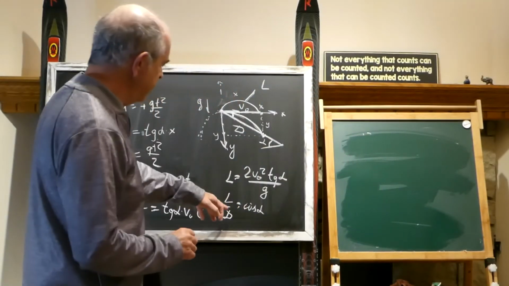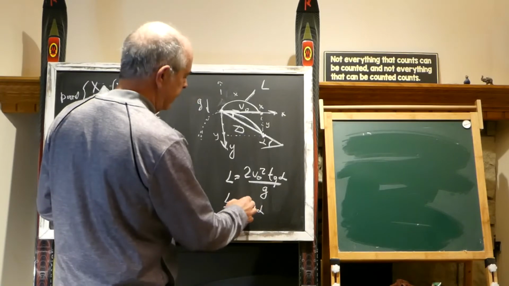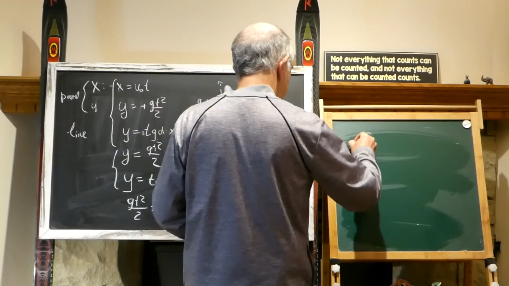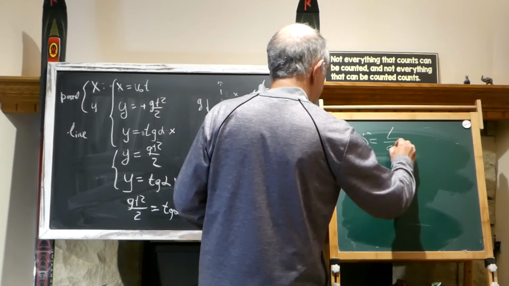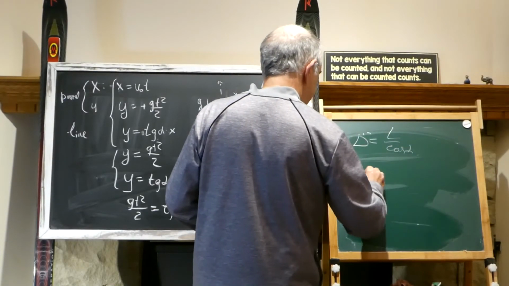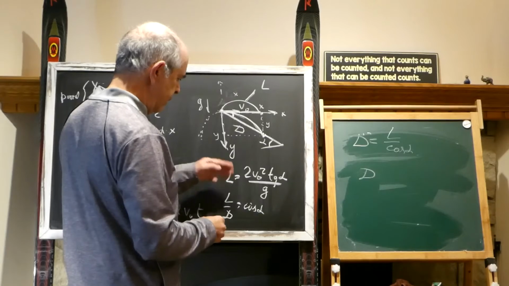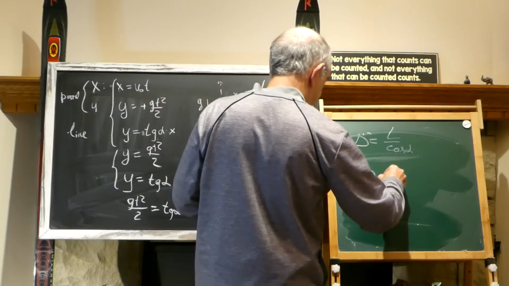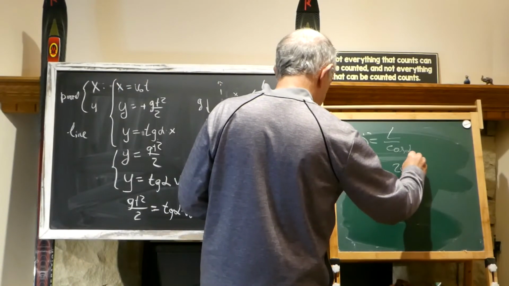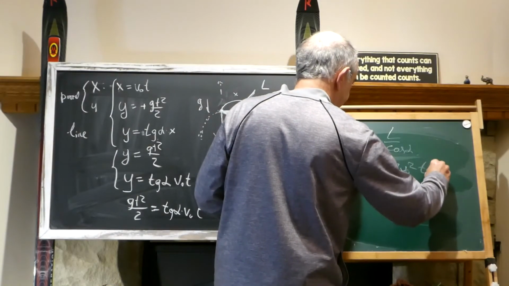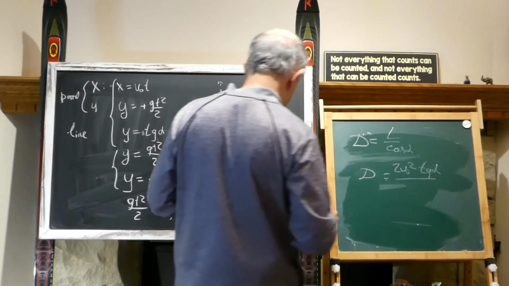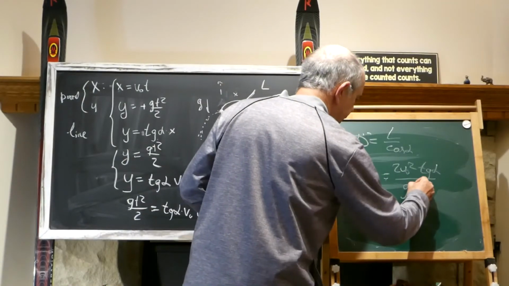If this is the case, we can find D. We send D here, cosine we send here, and we say D equal L divided over cosine. And we substitute this and divide, and so we have 2V0 squared, and here we can write tangent alpha divided over G cosine alpha.